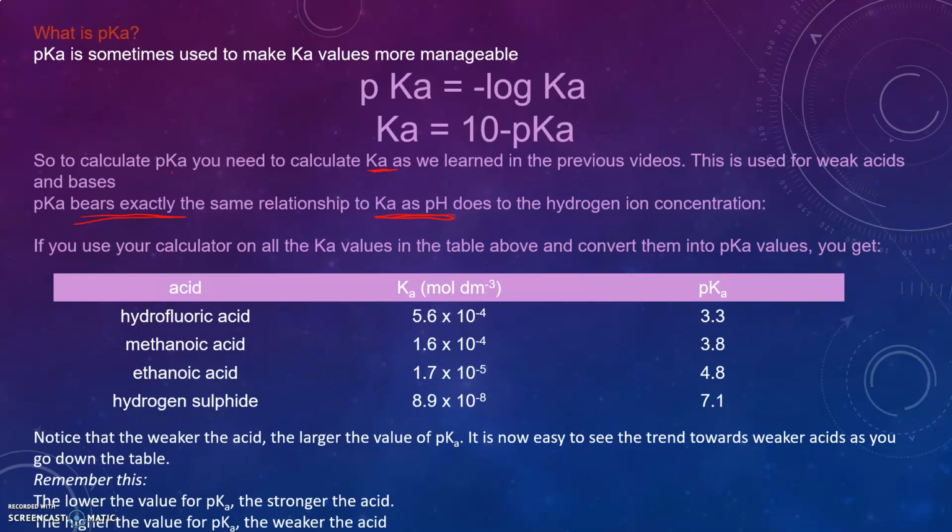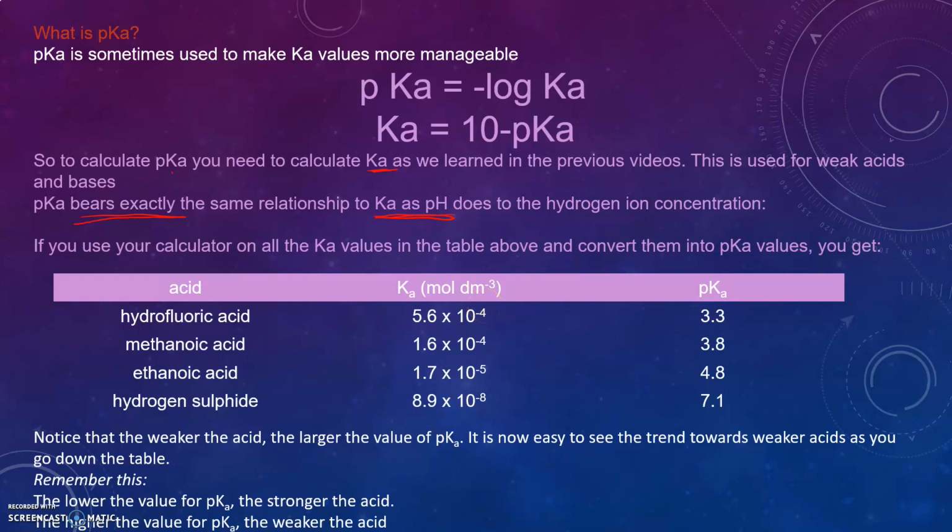So this is an example of some acids, their Ka and their pKa. For example, hydrofluoric acid has a dissociation constant equal to 5.6 times 10 to the power of minus 4 mol per decimeter cubed.